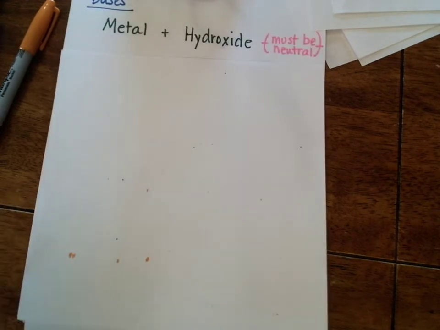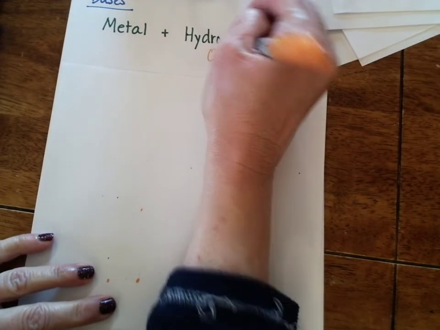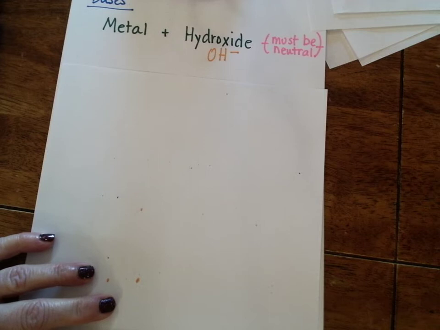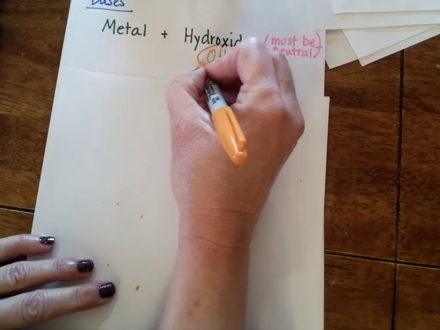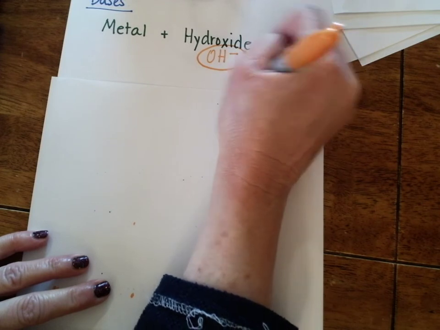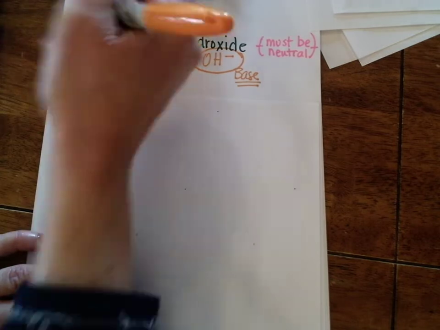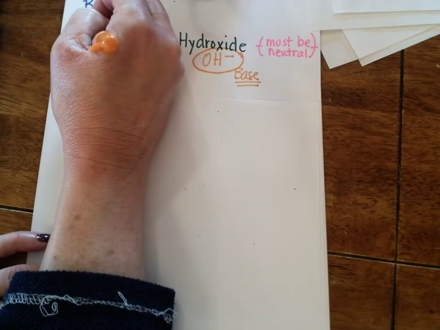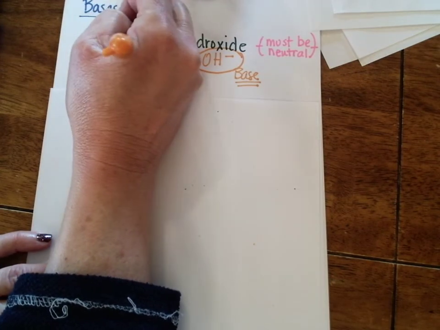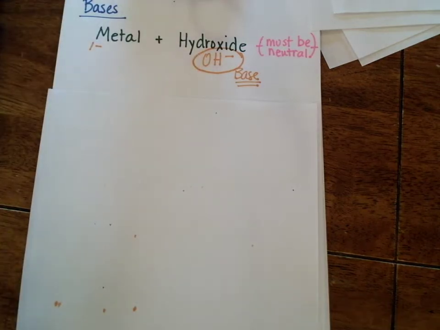A base is a metal plus the hydroxide ion. And remember, the hydroxide ion is OH-. So anytime you see any formula with this OH- in it, you know it's a base. And remember, a metal can be group 1 clear through to the other side of the periodic table, clear through to our other metals and our non-metals, right where they butt up and we get that stair step.